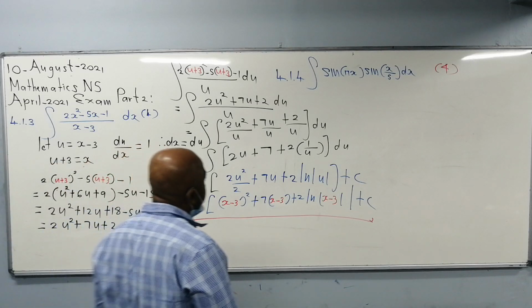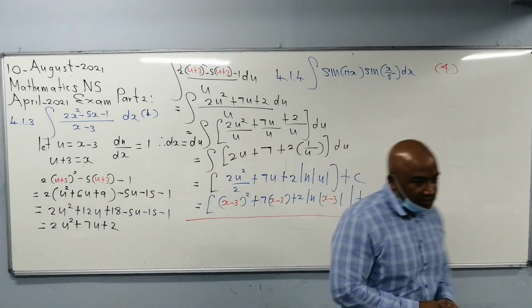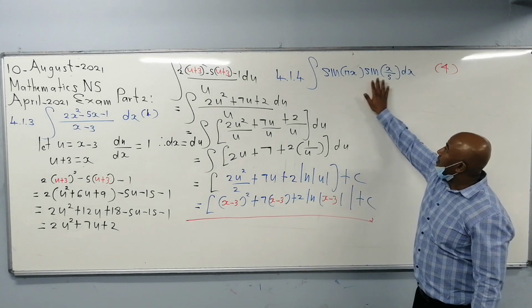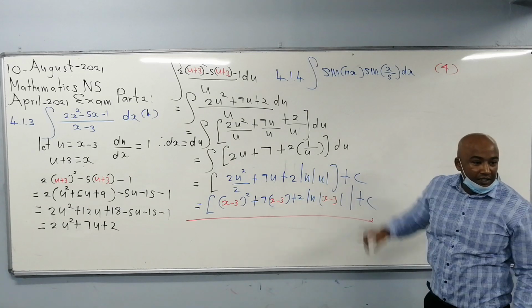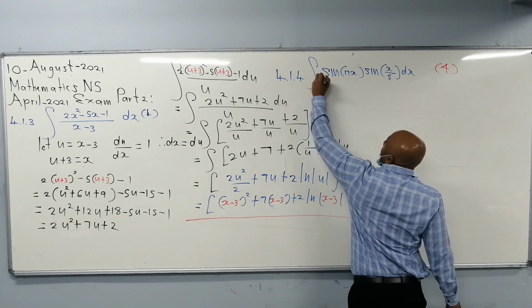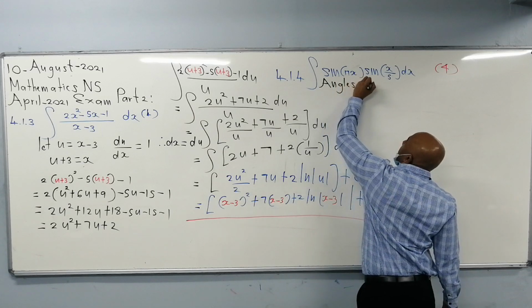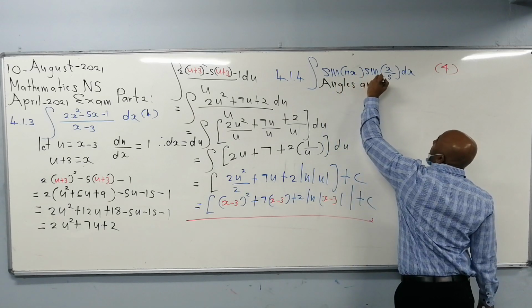Right, 4.1.4. What do we have here? We've got sine multiplied by sine, and the angles are different. So what you need to take note of here is that the angles are not the same.